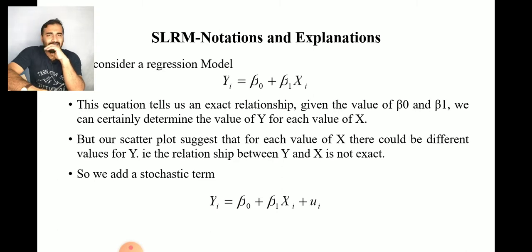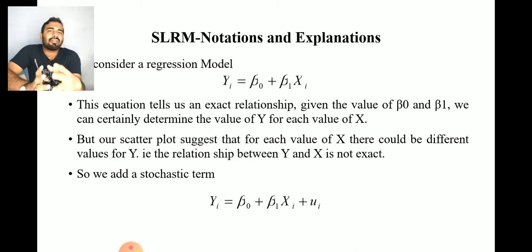But as I told you before, a deterministic relationship will not exist in an economic or statistical relationship. You can clearly understand this if you plot the data in a scatter plot. It suggests that for each value of x, there could be many different values of y. For each income group, there are different values of y. What does it mean?